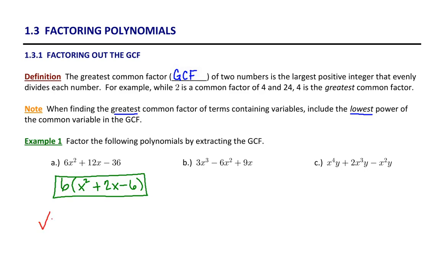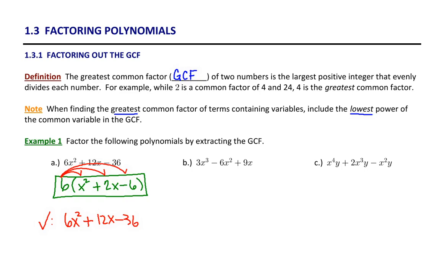So to check my work, I'm going to take that greatest common factor, 6, and redistribute it just to make sure that I did it right. So we have 6 times x squared, which is 6x squared, plus 6 times 2x, which gives me 12x, and 6 times negative 6, which gives me negative 36. Notice that matches the original trinomial exactly, so we can be confident that we did it right.